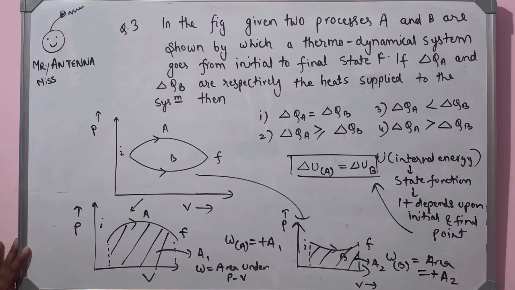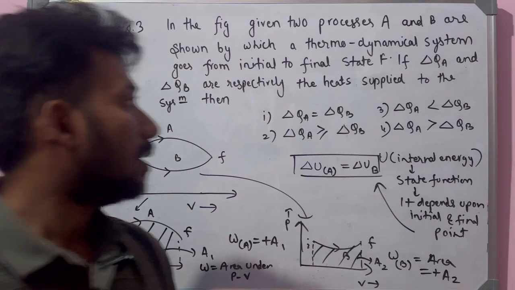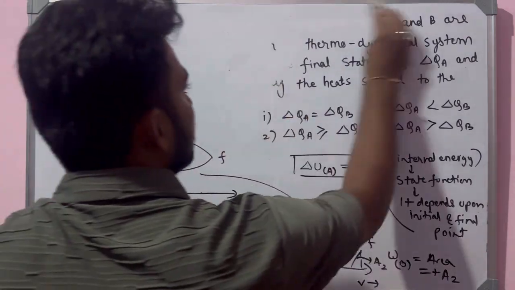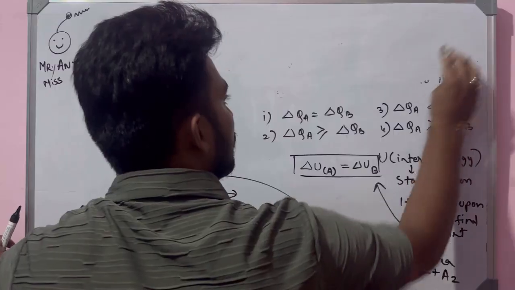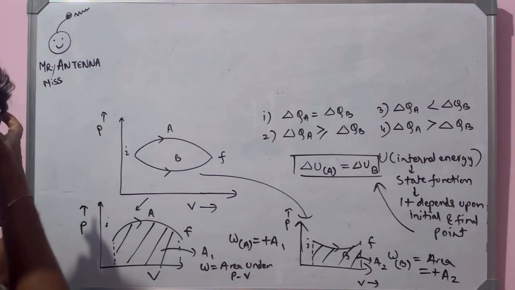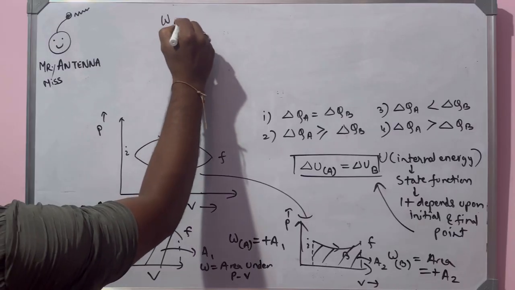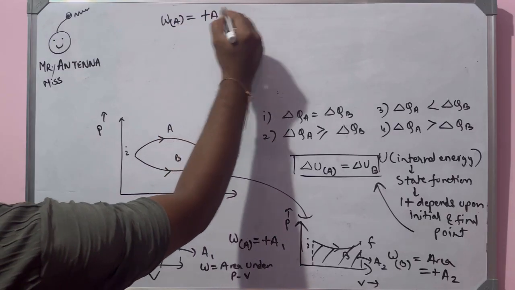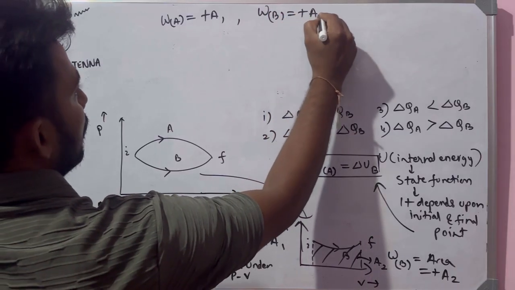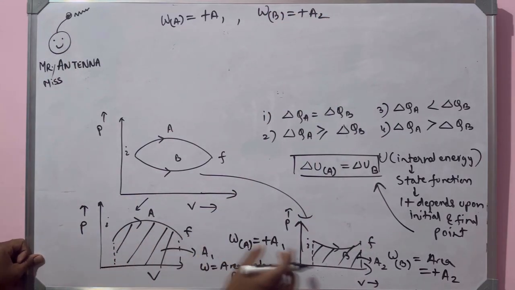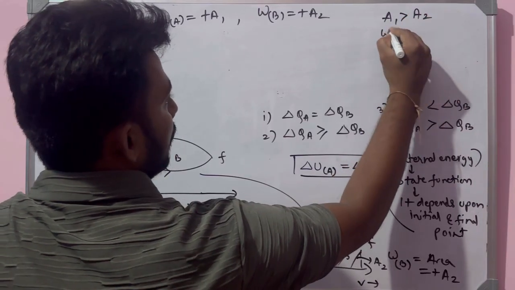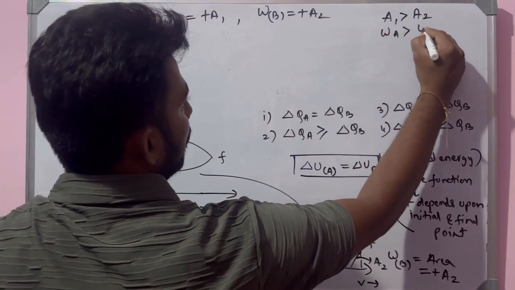Okay, so work done along A, I got plus A1, and work done along B, I got plus A2. Now if you compare area-wise A1 and A2, can I say A1 is greater than A2? Means work done along A will be greater than work done along B. Simple.